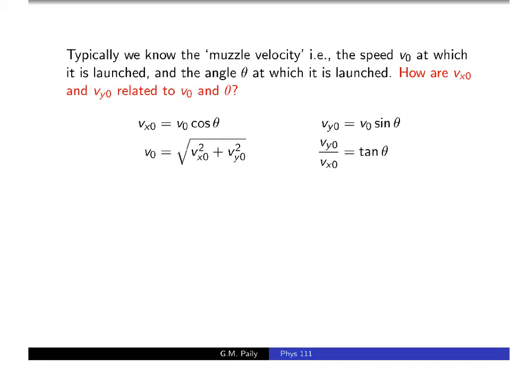If we want to go in the other direction, we notice that Vx0 squared plus Vy0 squared will give us V0 squared, and so V0 is equal to the square root of Vx0 squared plus Vy0 squared. Similarly, if we divide Vy0 over Vx0, then we get tan theta.